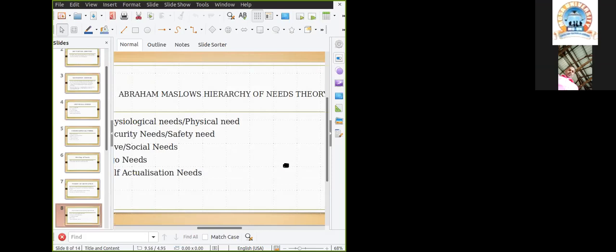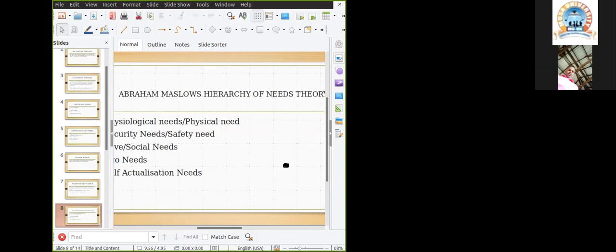Once the security or safety needs have been met, then a person upgrades to developing what are called love or social needs. Once these love or social needs have been met, a person will develop what are called ego or esteem needs.